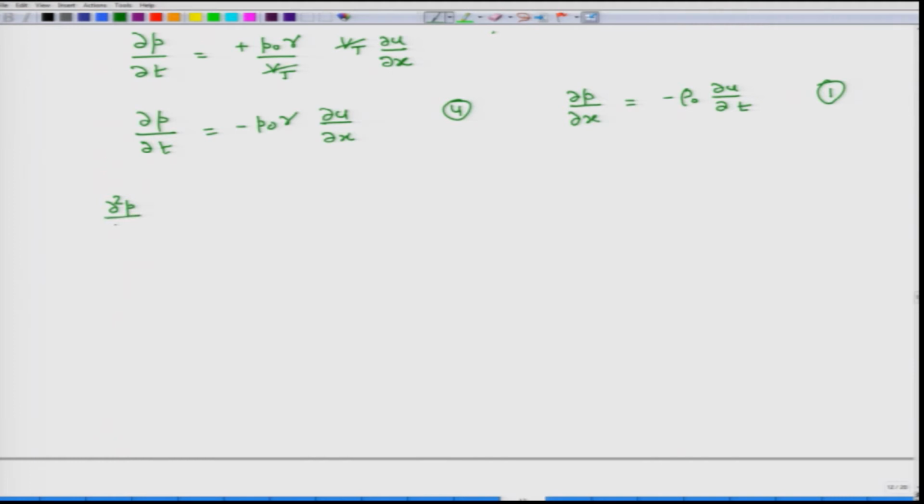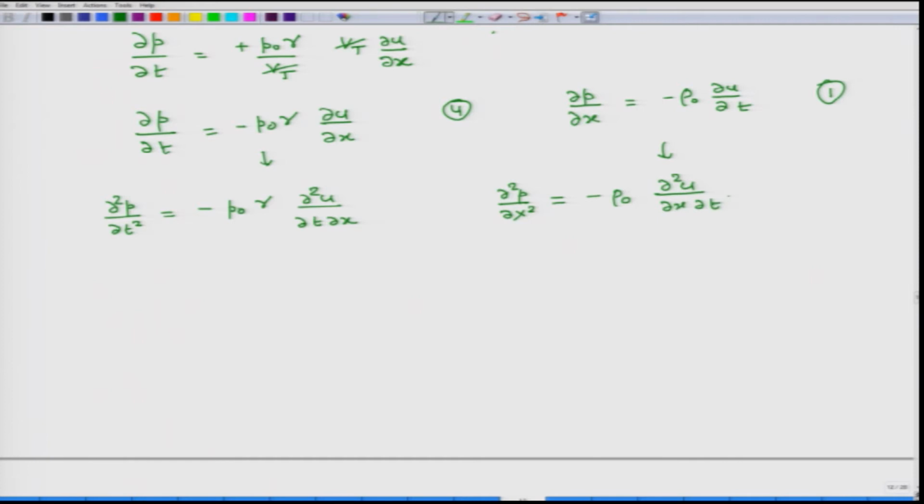When we do that, we get the second derivative of pressure with respect to time, del 2 p over del t square, equal to P naught gamma del 2 u over del t del x, and from the other equation we get del 2 p over del x square equals minus rho naught del 2 u over del x del t.